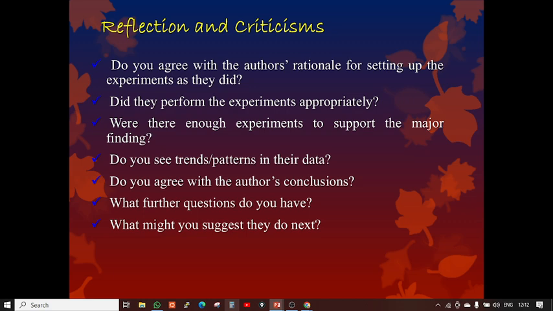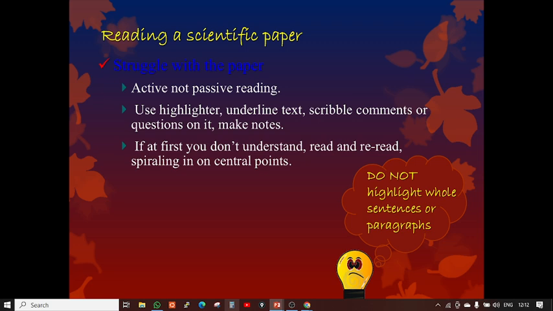But what further questions do you have? If all the questions that arise in your mind are clear, or you have some more questions, what might you suggest next? After reading this paper, what improvements should or may be made to this type of research paper? All these things you have to make clear.